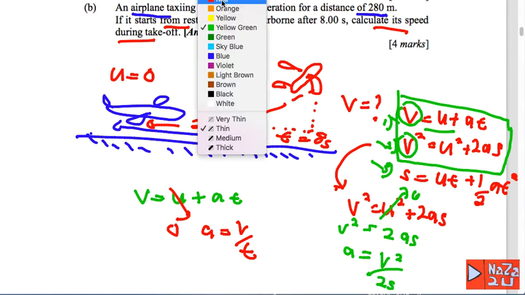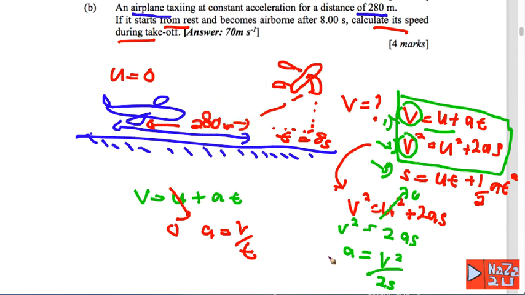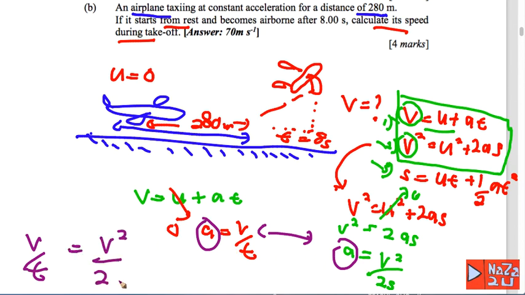We have the same value of acceleration because we have the same aeroplane here. So now you can compare: a equals v divided by t for the first, and also a equals v squared divided by 2s.